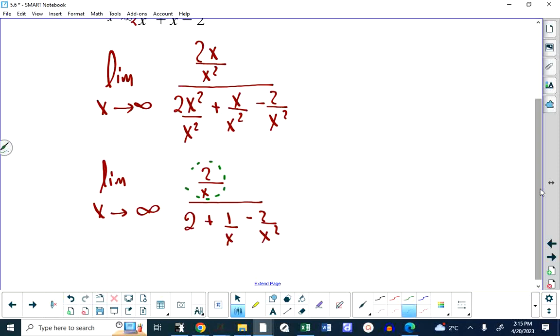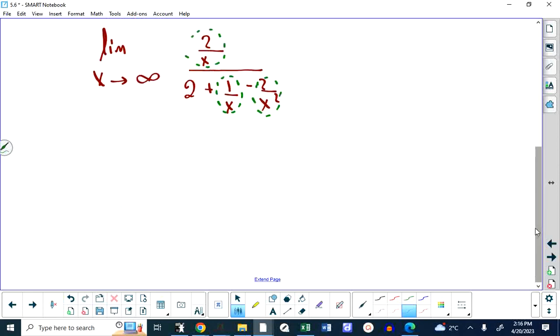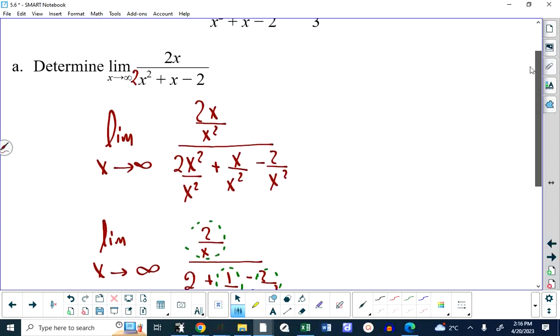This, and this will all approach 0 as x approaches infinity. So what we are left with is 0 over 2 plus 0 plus 0, which is 0 over 2, which is 0. So that first part of the function approaches 0. That's what that limit's equal to. This is equal to 0.